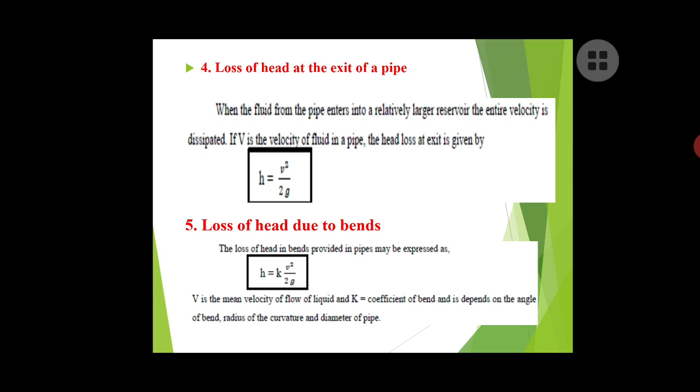Again I repeat, when the fluid flows from a pipe into a relatively larger reservoir, the entire velocity is dissipated, and V is the velocity of fluid in the pipe. This head loss at exit is given by H equals V square upon 2g.